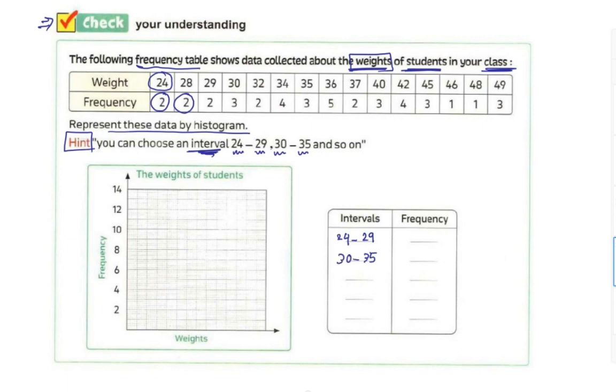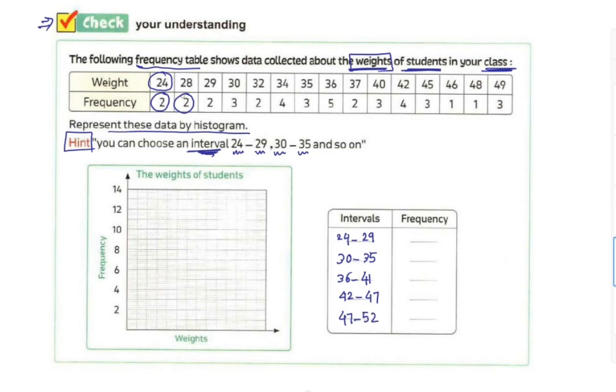Next one will be 36 to 40, add 5, 41. Next, from 42 to 47, add 5, we have 52.